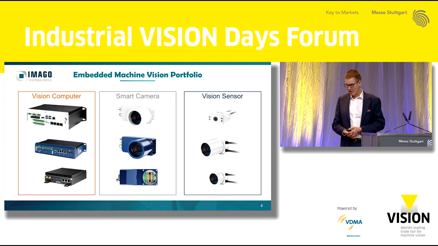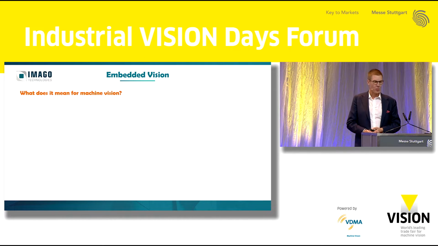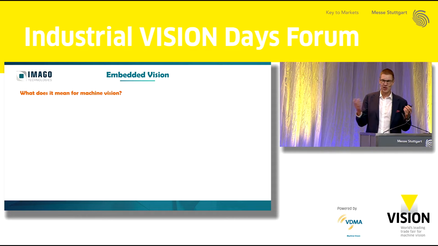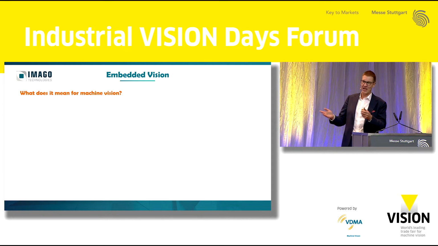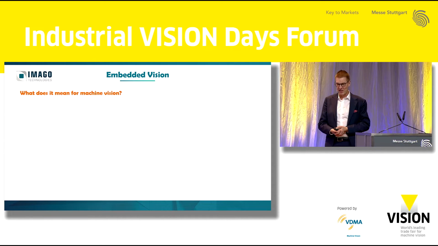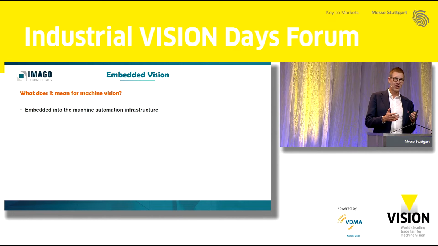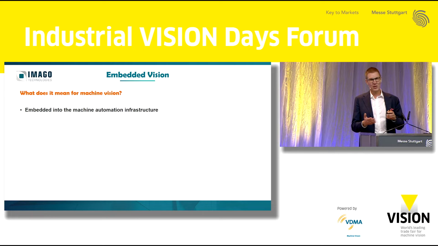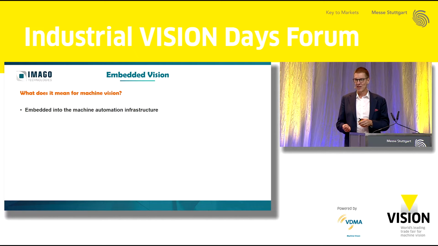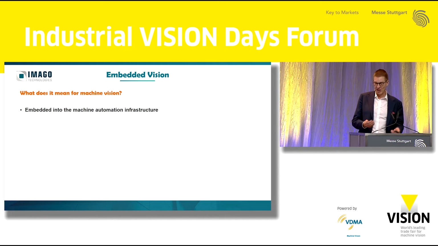Coming to embedded vision. What does it mean for machine vision? Embedded vision has many aspects, especially in machine vision. First of all, we want to embed the system into the machine infrastructure, a kind of optimization level.